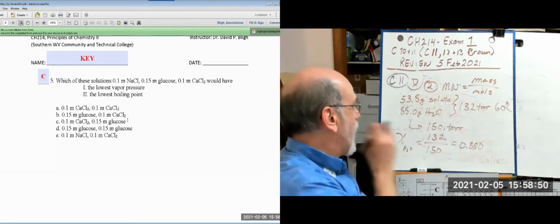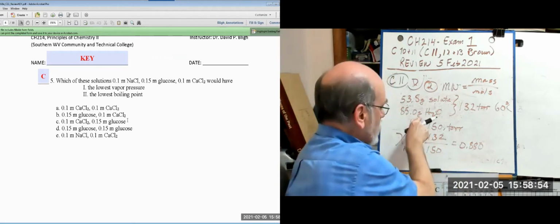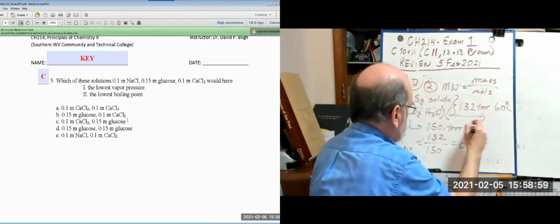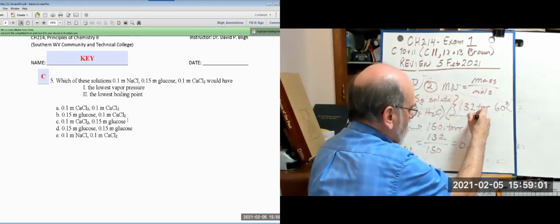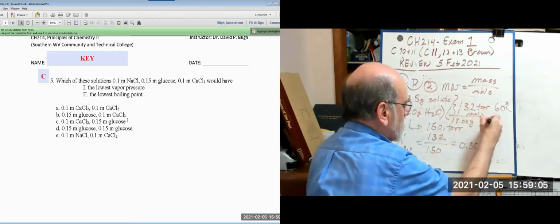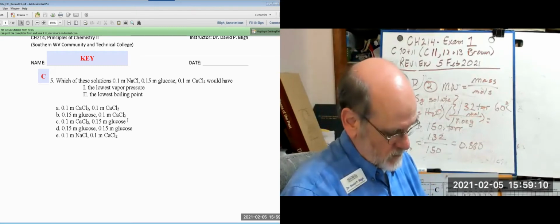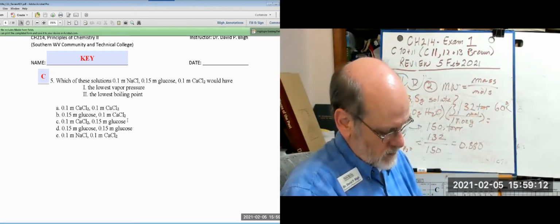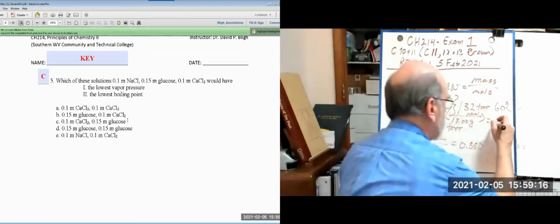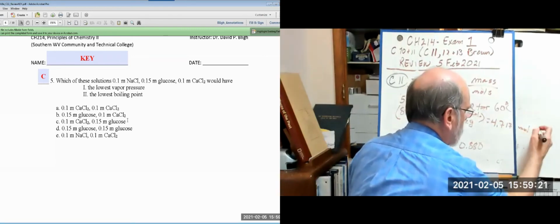All right. How many moles of water do we have? We've got this many grams, right? So grams per mole is 18.02, and 85 divided by 18.02 is 4.717. 4.717 moles of water.